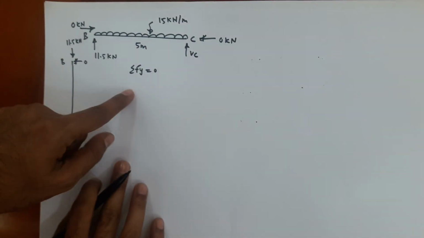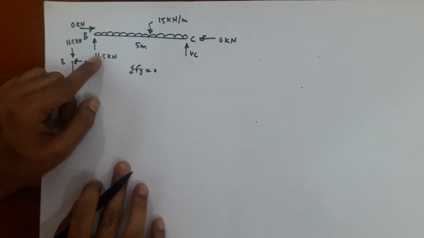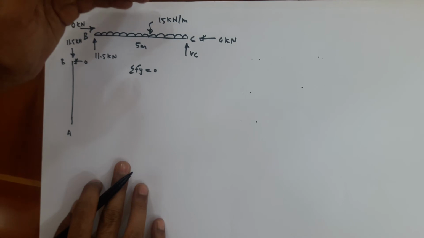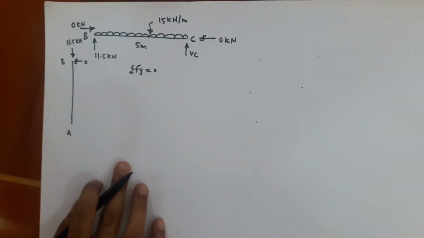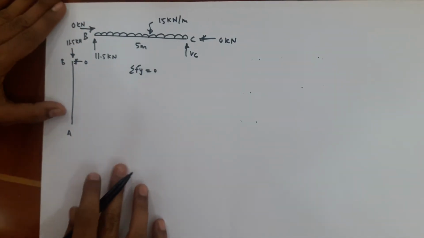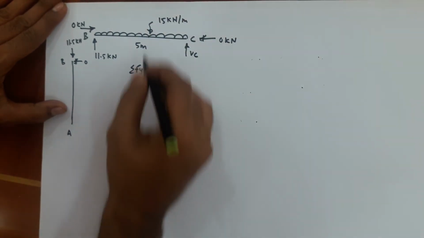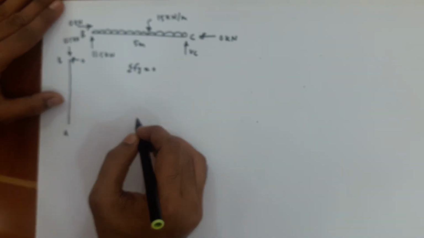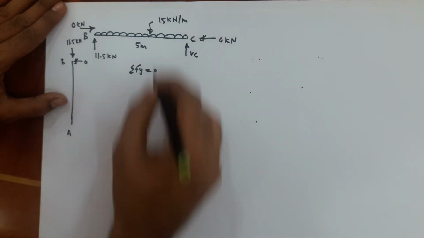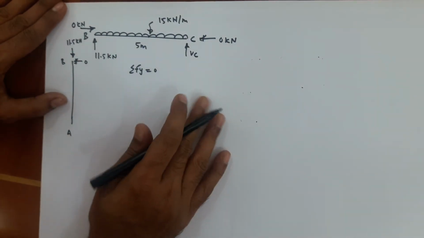In this way you can find VC. Or else, 11.5 is going upward, and 15 into 5, which is 75, is going downward. So this is not balanced.